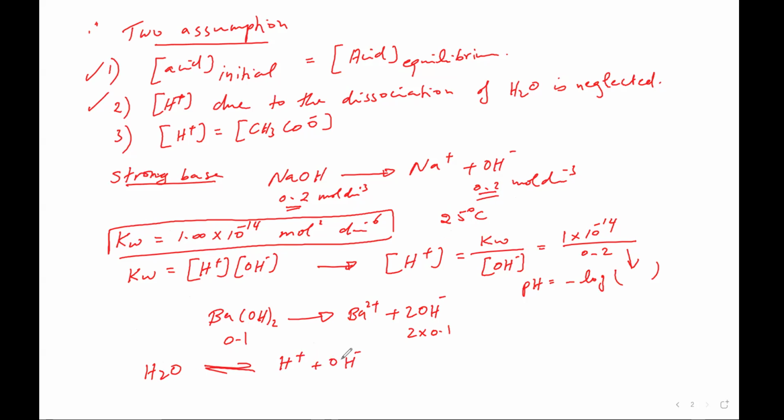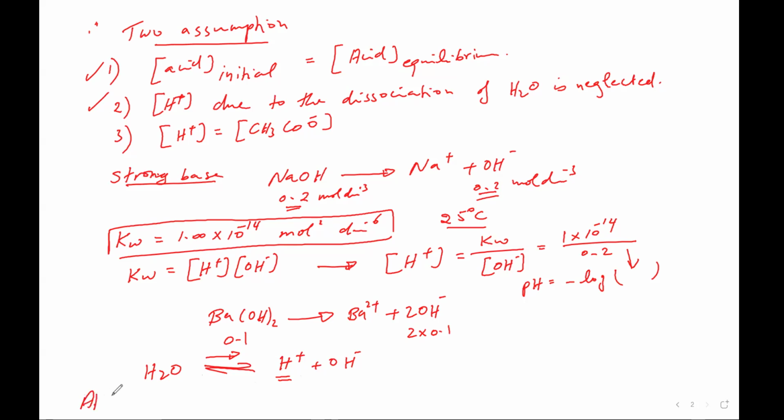But this dissociation becomes bigger when the temperature increases. When the temperature increases above 25 degrees Celsius, the dissociation of water will lie further to the right-hand side. It's not going to be a complete dissociation, but it means that the concentration of hydrogen ion increases.